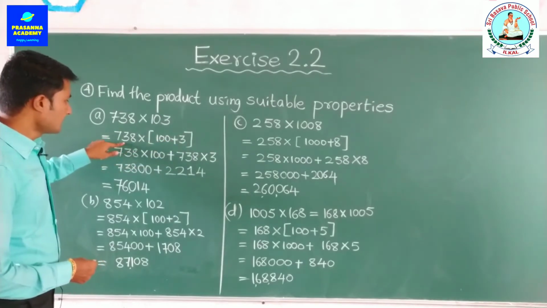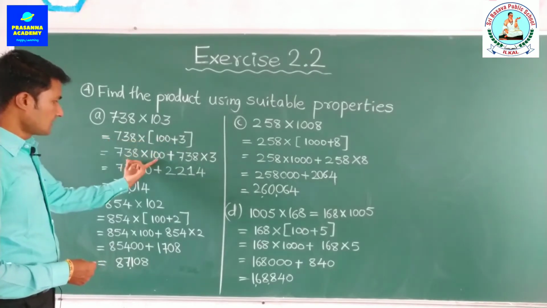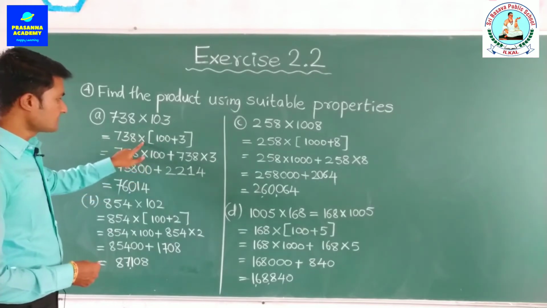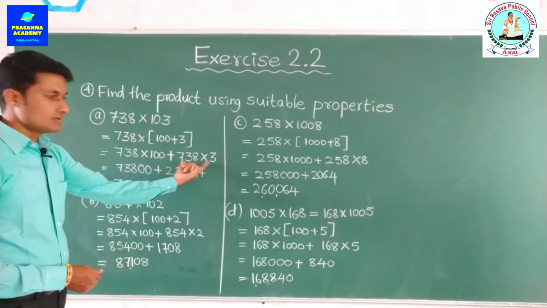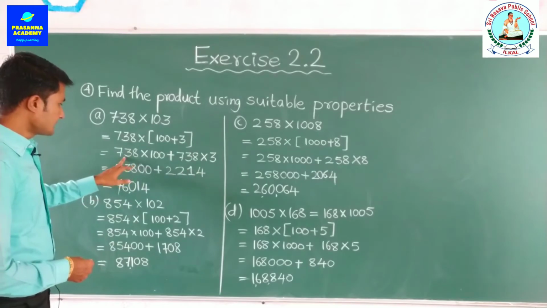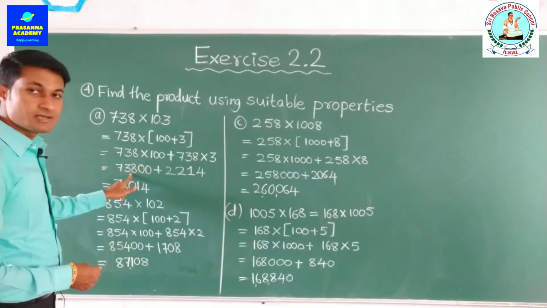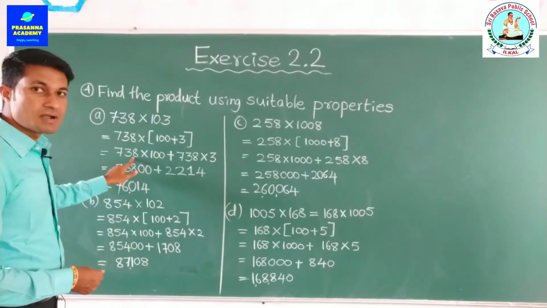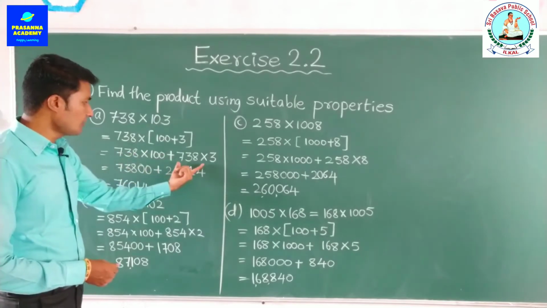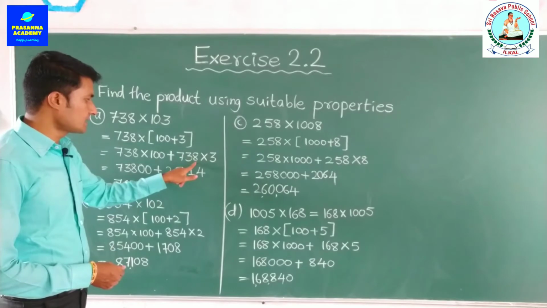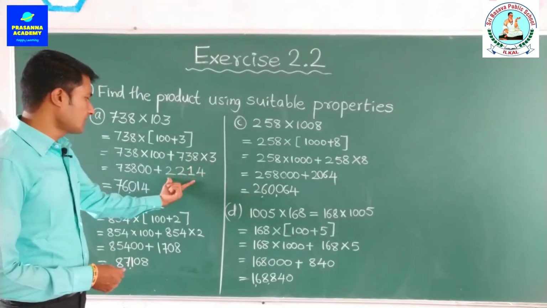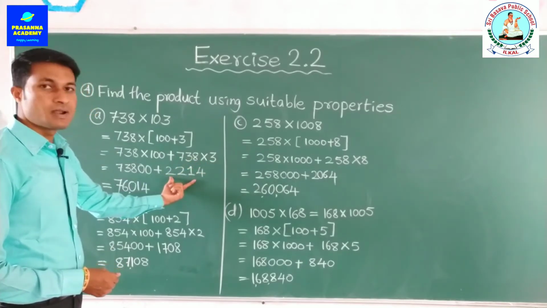So 738 multiplied by 100 right here, then 738 times 3, that also you have to write here. When you multiply 738 by 100, your product will be 73,800. It is just like smart multiplication. And when you multiply 738 times 3, your product is 2,214.